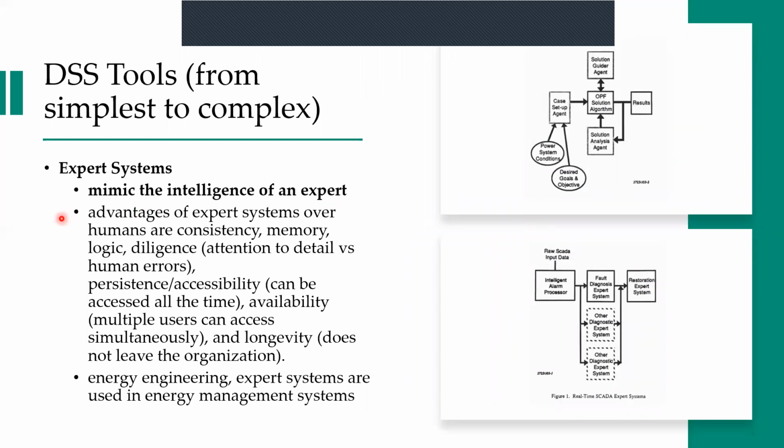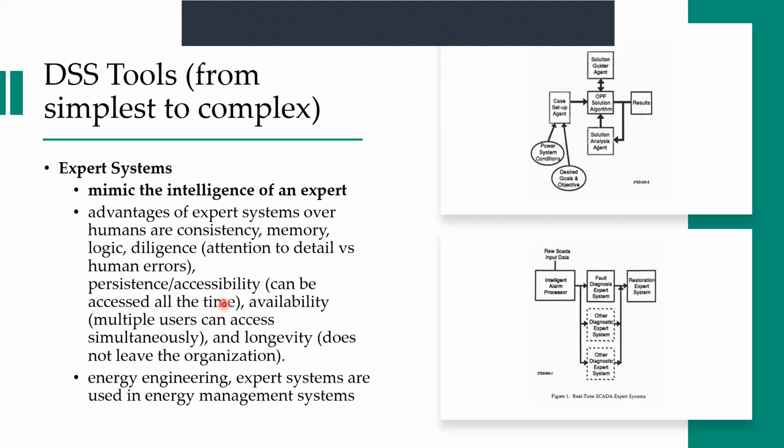Next are expert systems. For this tool, it mimics the intelligence of an expert. What are the advantages over spreadsheets and relational databases? Expert systems, and what are the advantages over humans? Expert systems have more attention to detail, of course, versus human errors. And they can be accessed all the time.